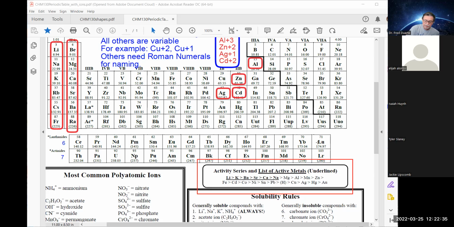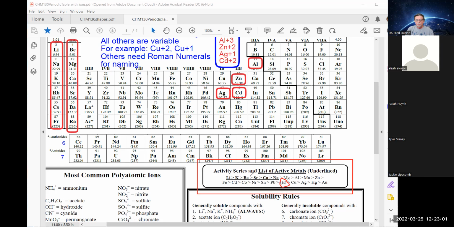That activity series is a listing of metals and their reactivity relative to each other and relative to hydrogen gas, okay? Because if we look at this, you'll see that hydrogen is right here.